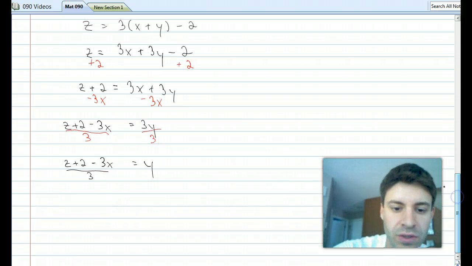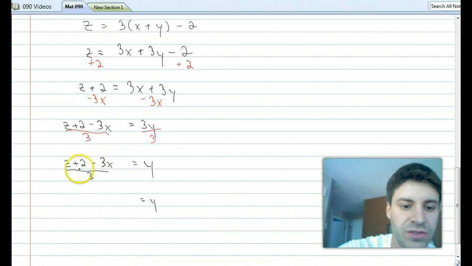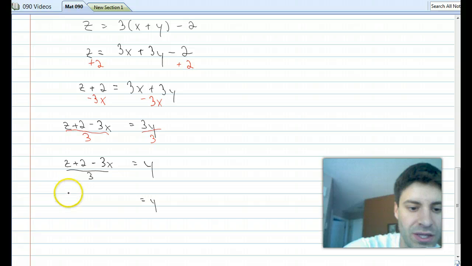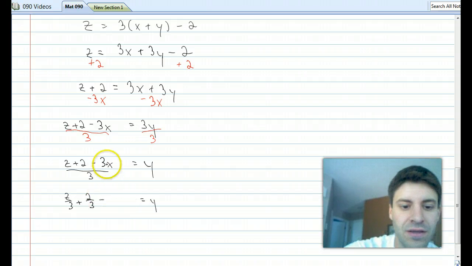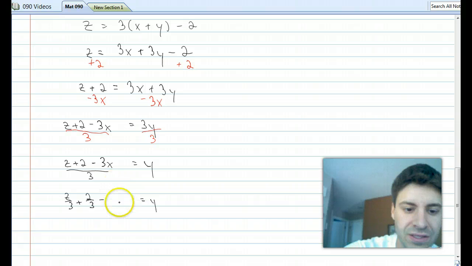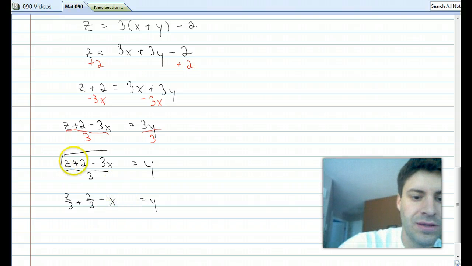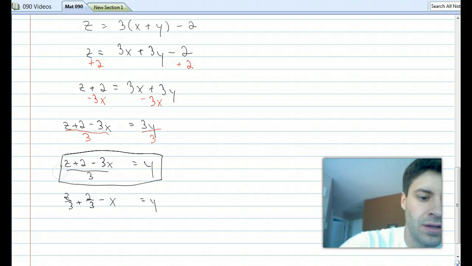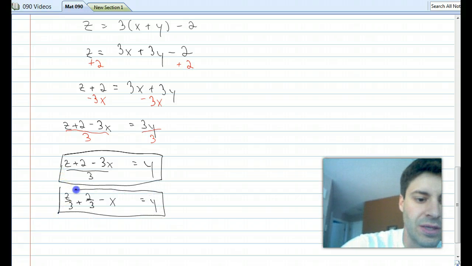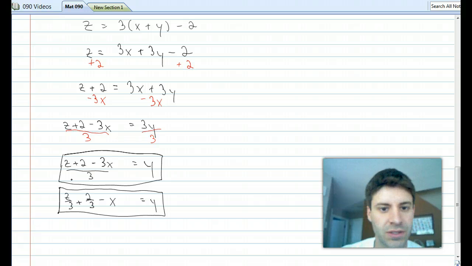Again, if we wanted to, we could divide every single term by this 3, and we'd end up with z divided by 3 plus 2 divided by 3 minus 3x divided by 3. It's just going to cancel the 3's, and you're left with an x. So I like this answer, and this answer is also perfectly acceptable. Either one works. We've solved for y, so good.